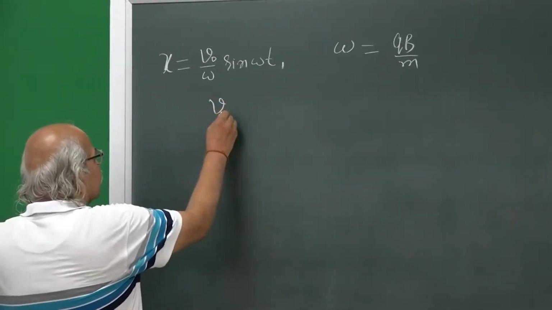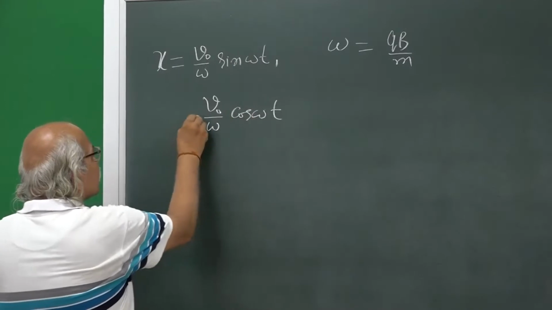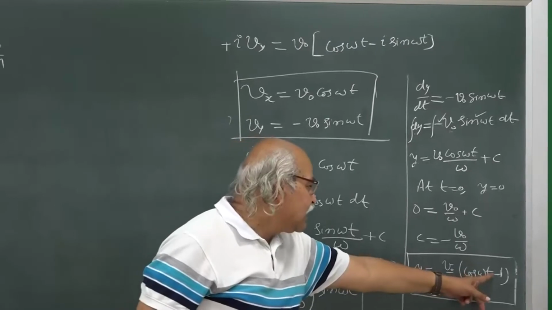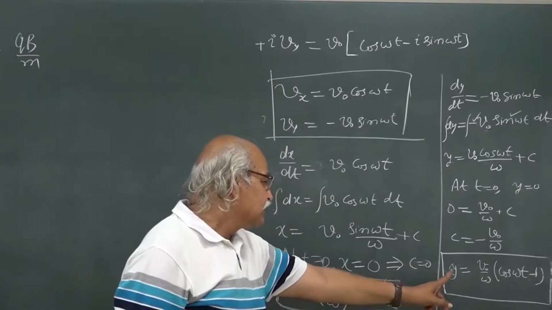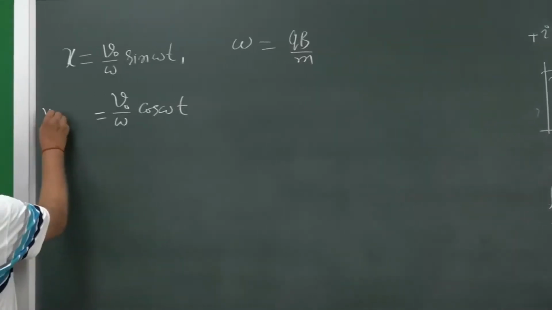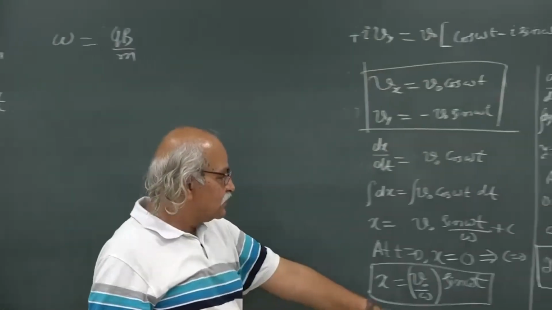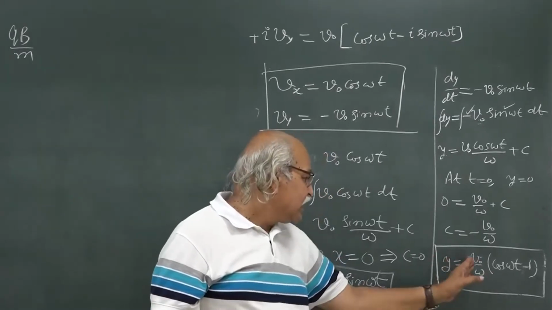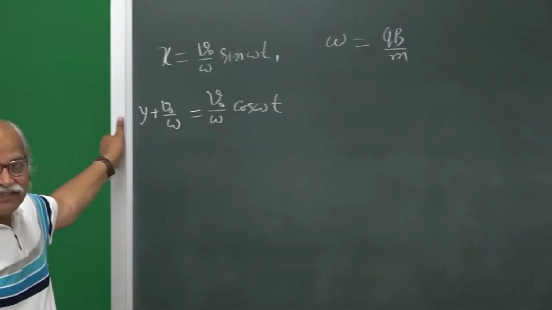This side I am writing v naught by omega cos omega t minus v naught by omega, which I will shift to the left-hand side, and then it becomes y plus v naught by omega.